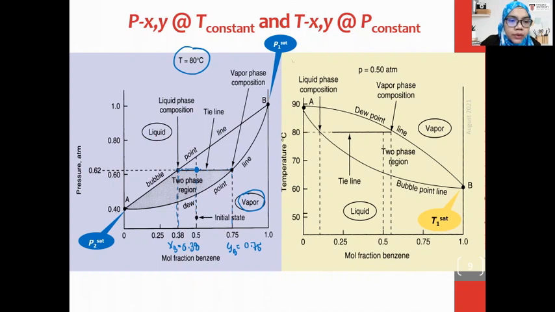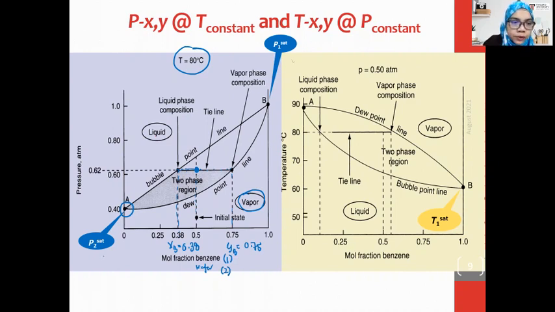The P2, this point here, is known as the saturation pressure for component 2. For example, in this system we have two components, benzene and maybe water. Benzene is the first component and water is the second component.